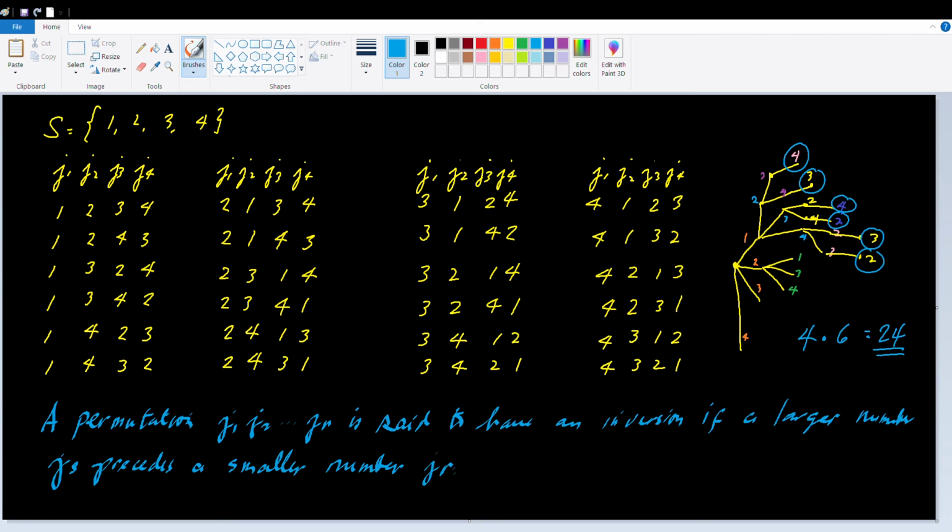So if in the permutation there is a large number preceding a smaller number, then that will count as one inversion.